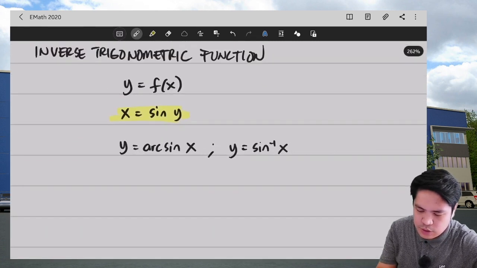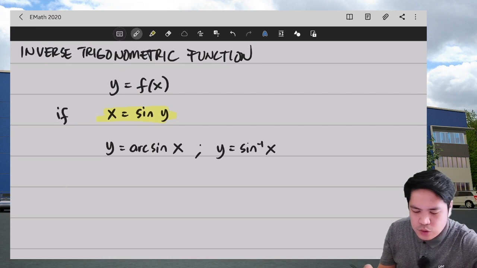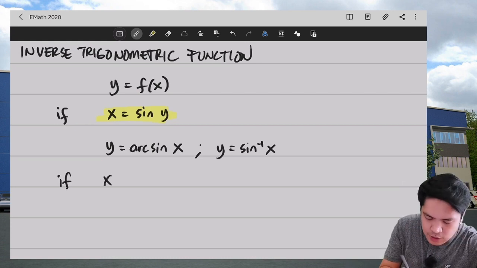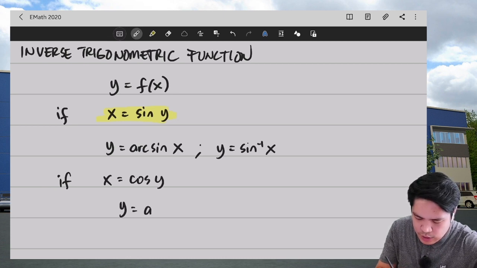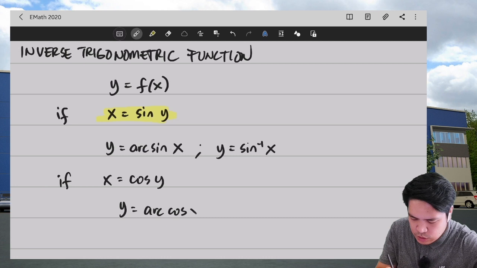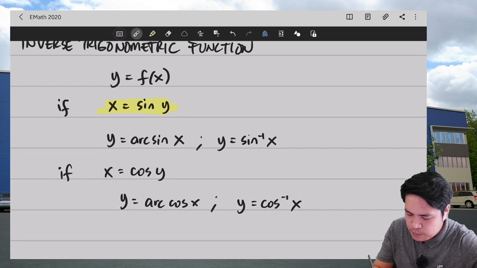Okay, and if x is equal to cosine y, then we write y as equal to the arc cosine of x, or we could write that as y is equal to the arc cosine, that way, of x.